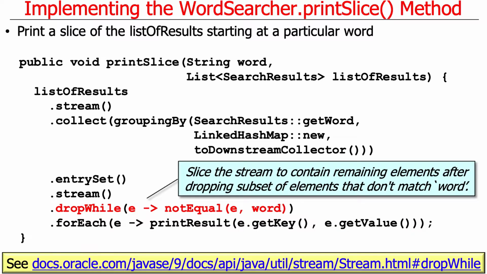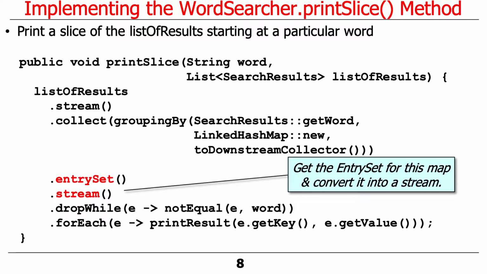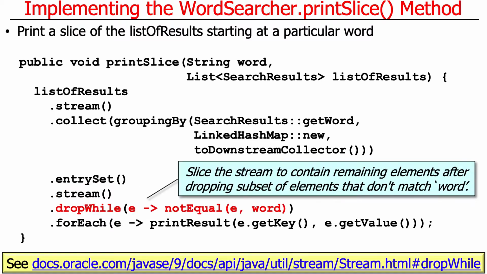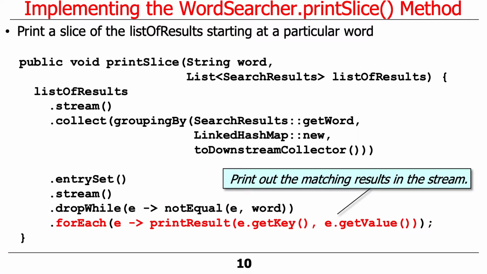So what this is basically doing is it's slicing the stream of entries, and the stream of entries, of course, come because we converted the entry set into a stream. So we have a stream of entries. We drop the ones until it equals what we're looking for. And then we have a substream, or a slice of the stream of entries. And then we go ahead and call print result, passing in the key and the value of these things.